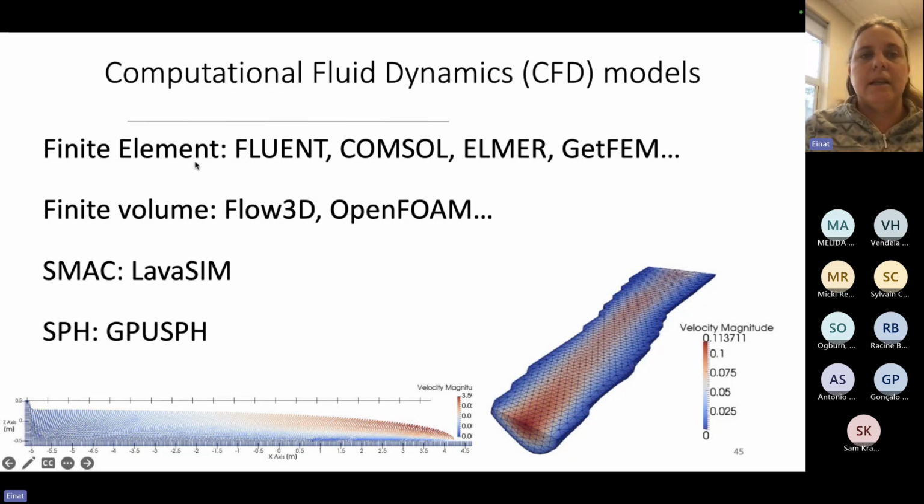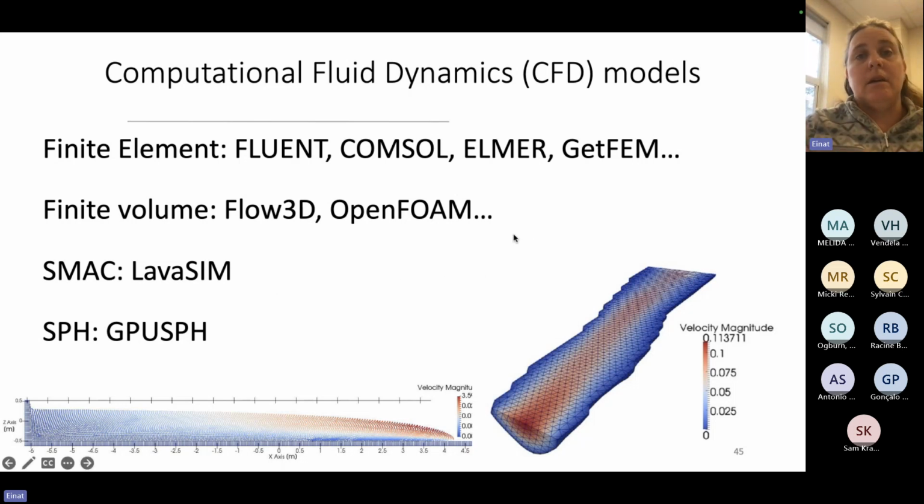For example, finite elements or finite volumes are techniques to solve these equations, and they're very good when you have a complex geometry and complex rheology and distributions, and you want to capture all that complexity.